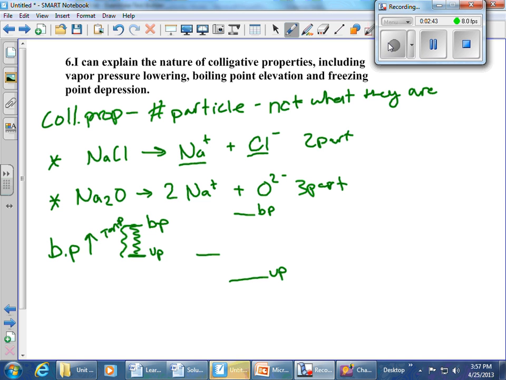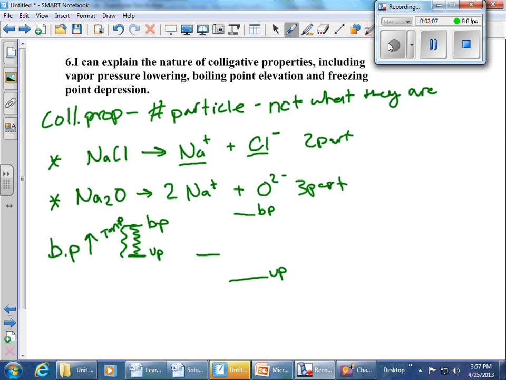Once they equal each other, then it starts to boil. But with vapor pressure being lower, it's going to take more energy, more heat to get there if you have particles in there, okay? So if it is a pure solvent, it is going to have a lower boiling point. If it is a solution, it is going to have a higher boiling point, all right?